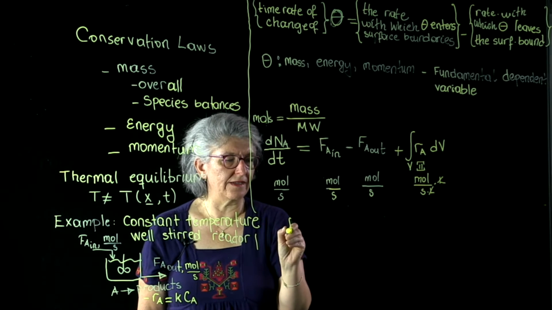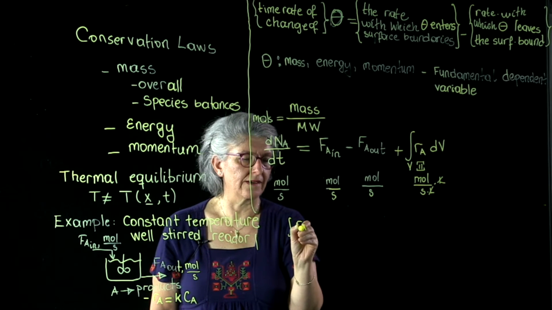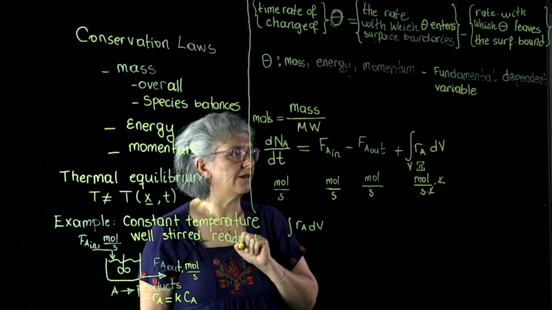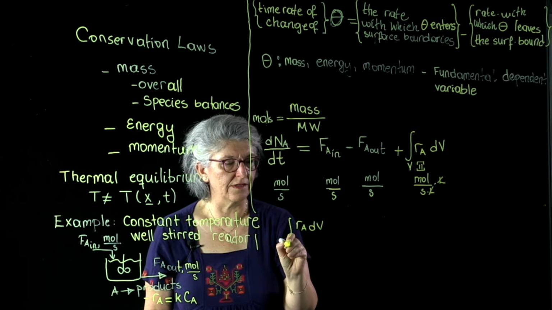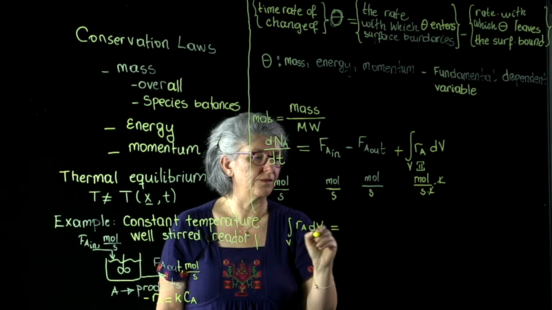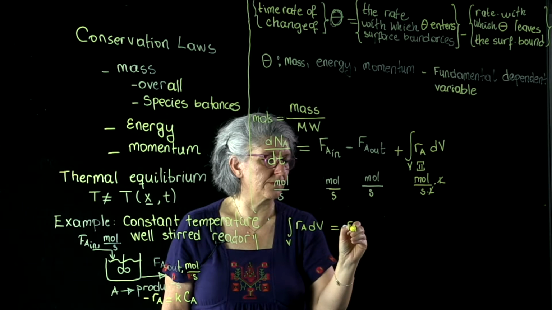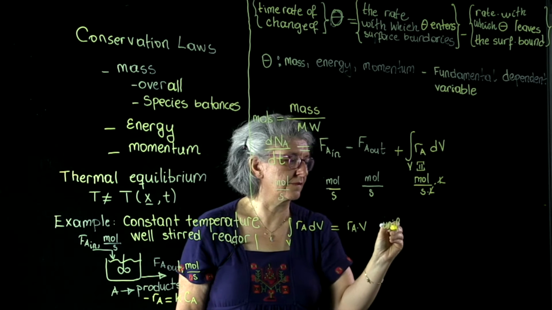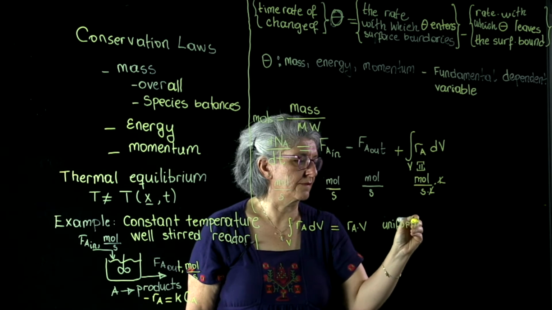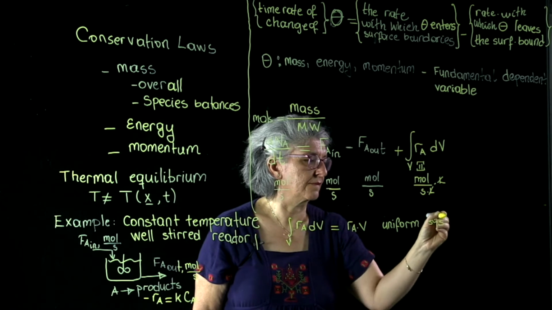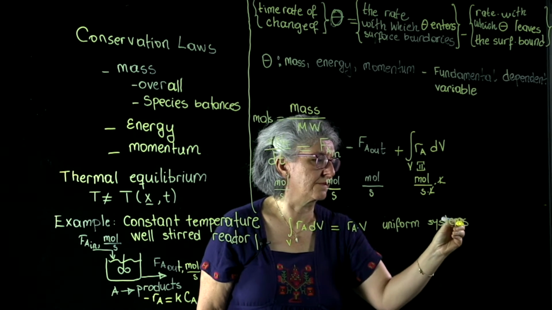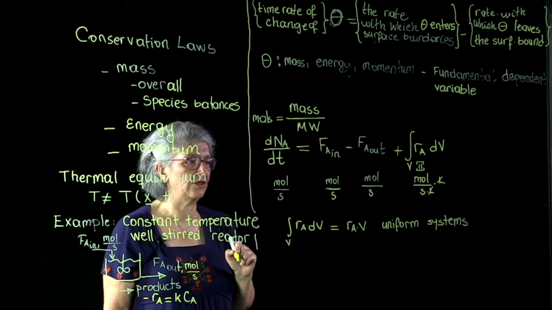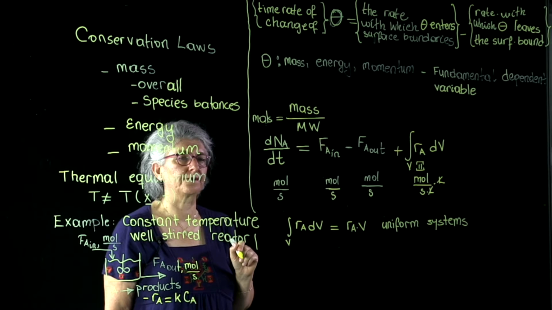Now this is the general mole balance for this reaction taking place in this reactor. We can take r_A out of the integral if the system is uniform. Uniform means that there is no change in concentration with respect to position.